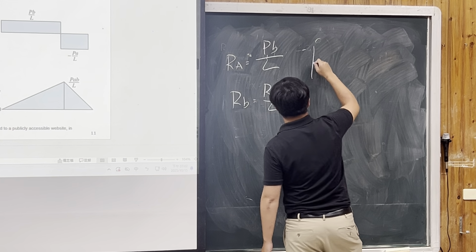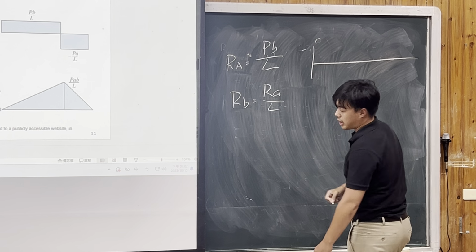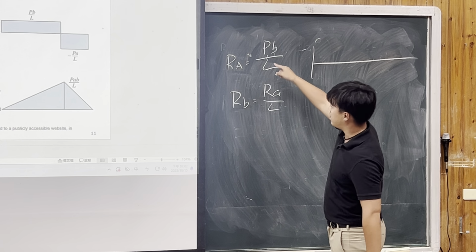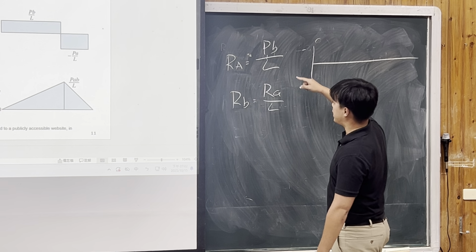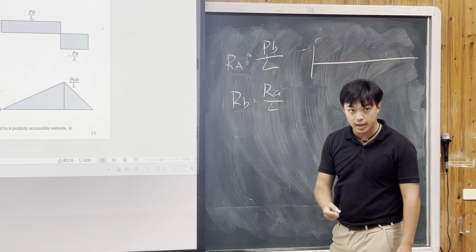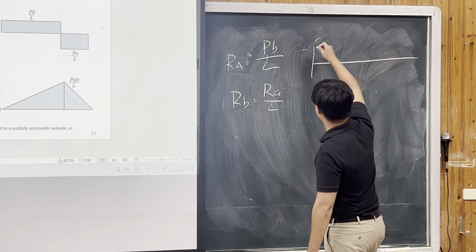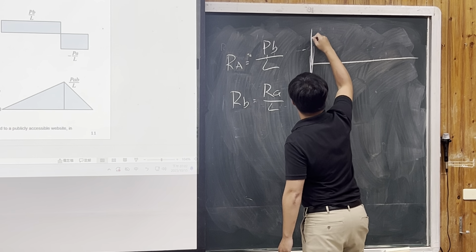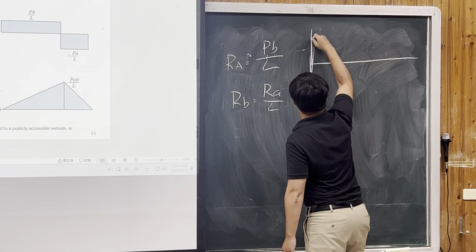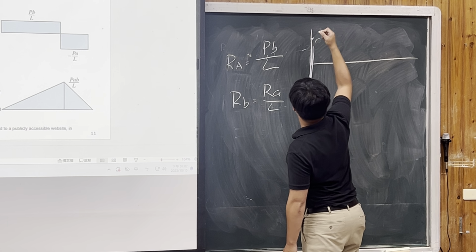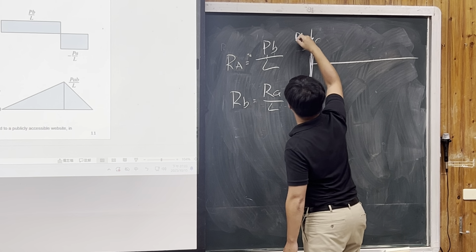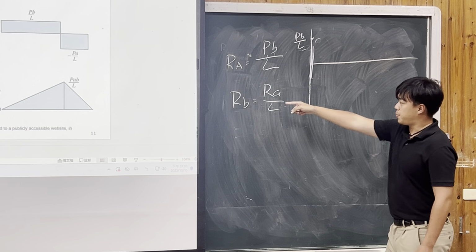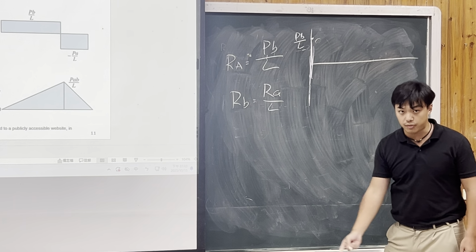For the shear diagram, as we did on the last type of question, PB over L is positive, right? So when we start drawing, we'll plot the point right here at PB over L. Then this part is also positive, right?